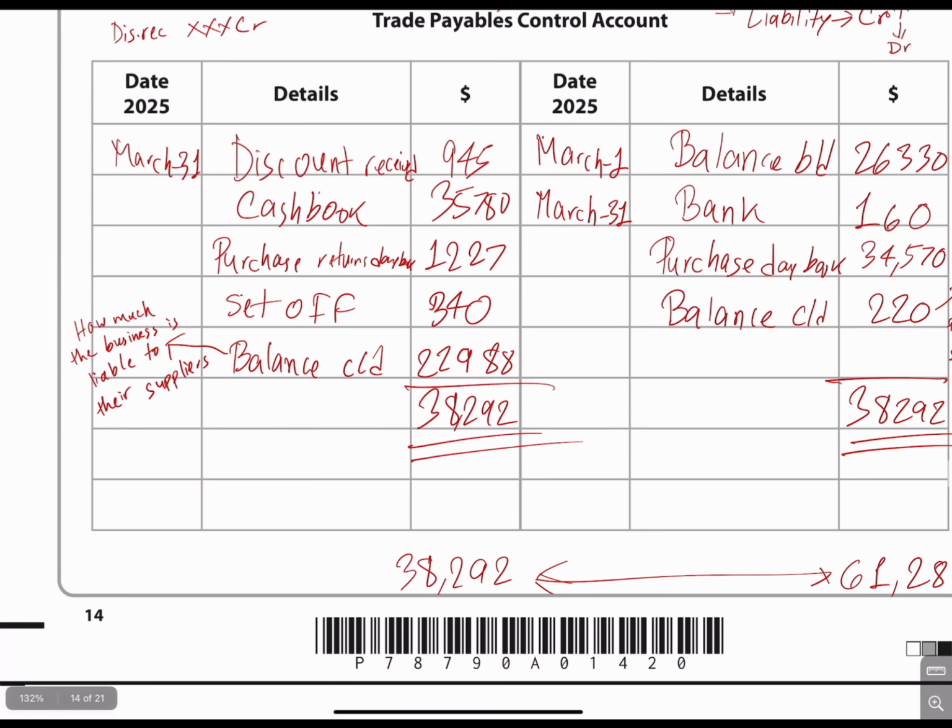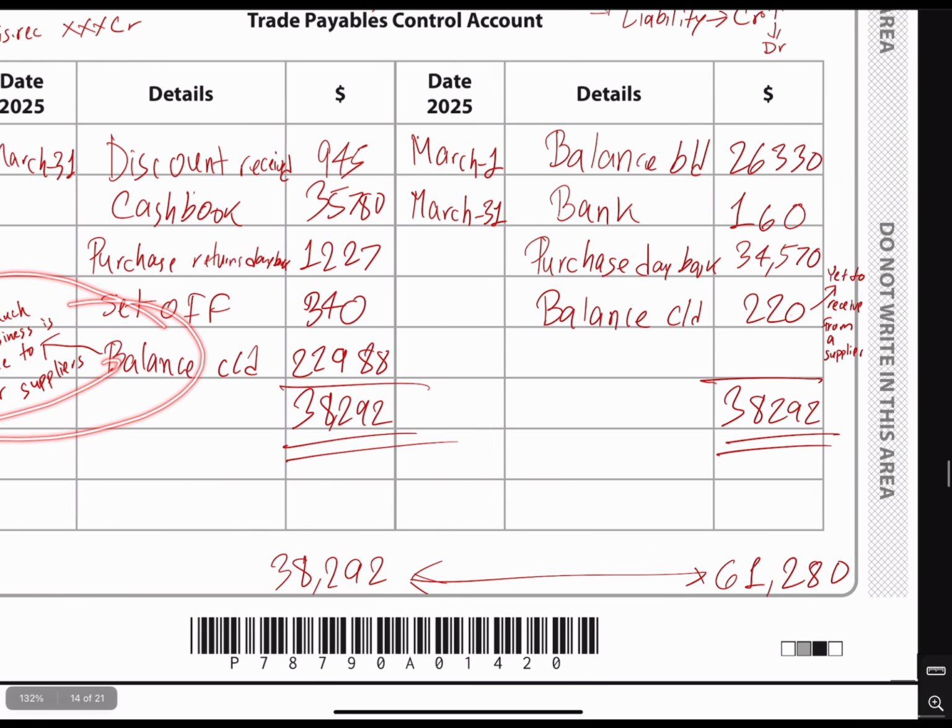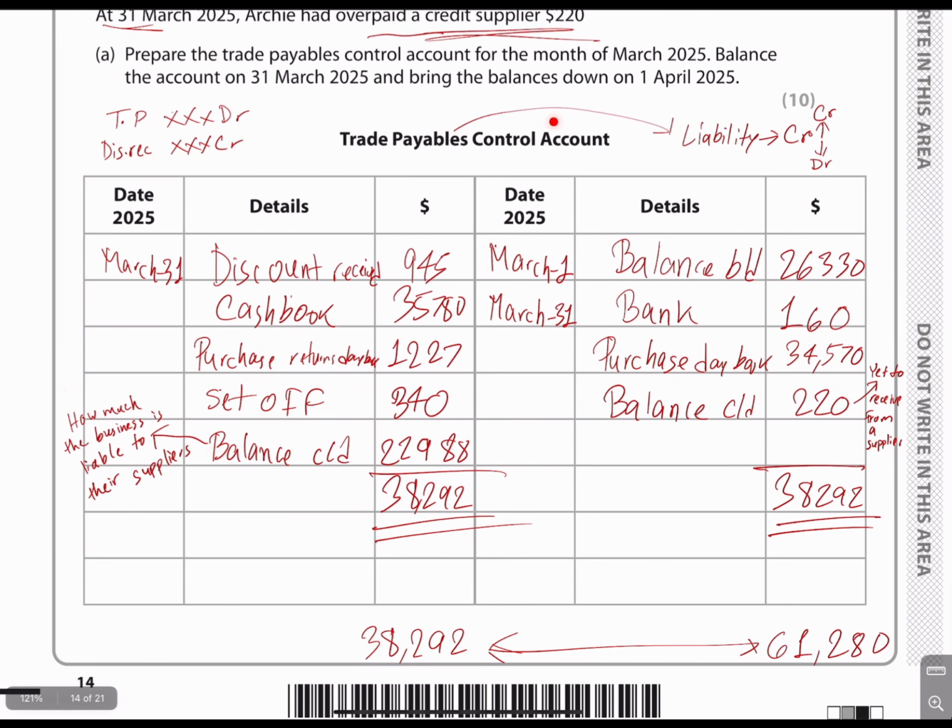Now, why might there be both a liability balance and a receivable balance? Because in a control account, it's not about one individual supplier, it's about all the suppliers. If you have 100 suppliers, you are liable to 99 of your suppliers, but mistakenly you have overpaid one supplier, so you are receivable from that one supplier.